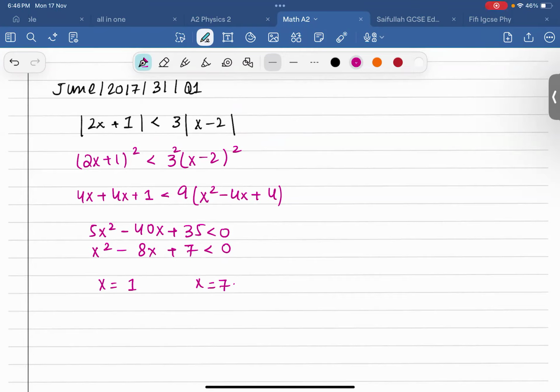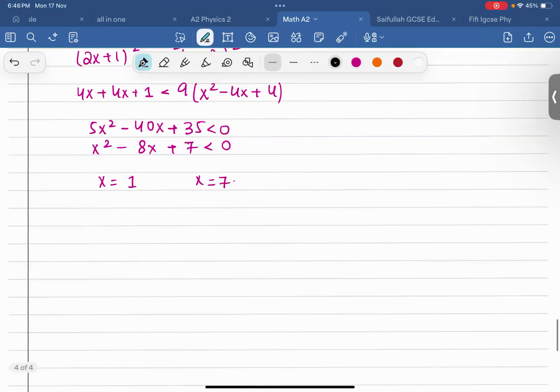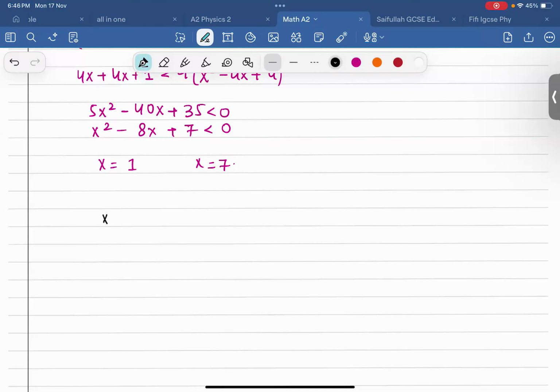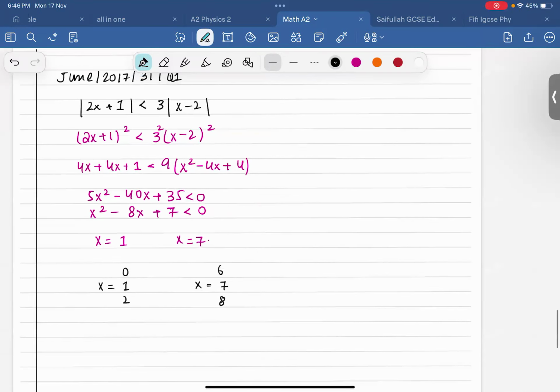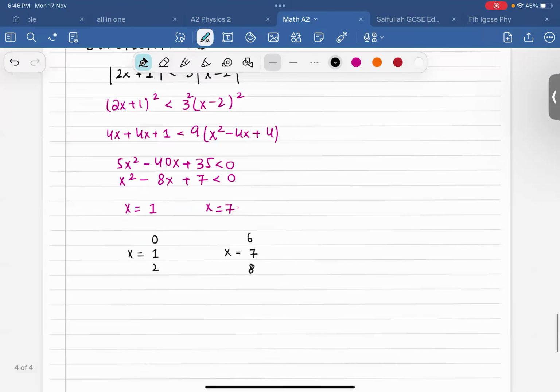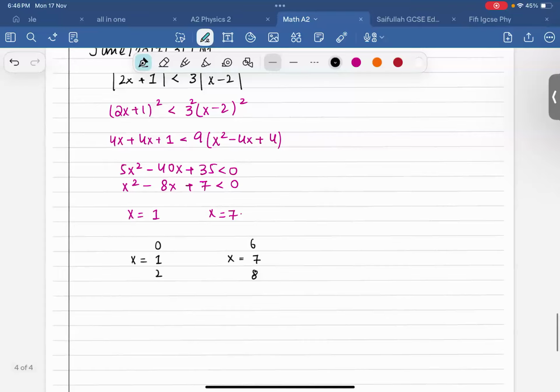Consider x as 1, 0, and 2, and 7 as 7, 8, and 6. Let's see whether these values fit in the inequality or not.